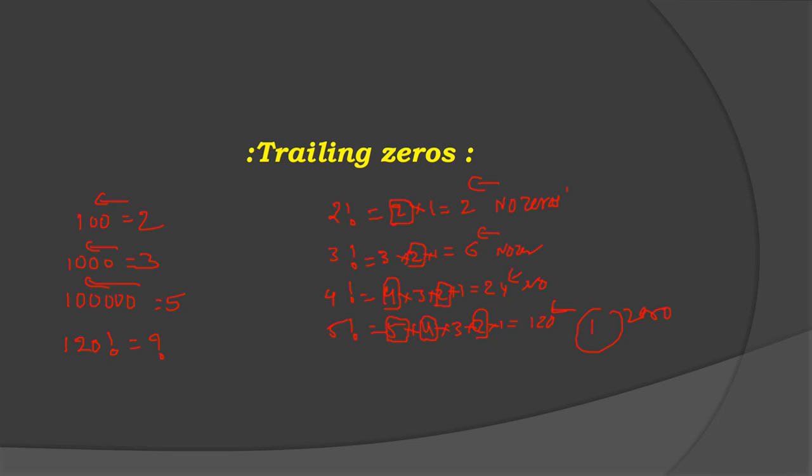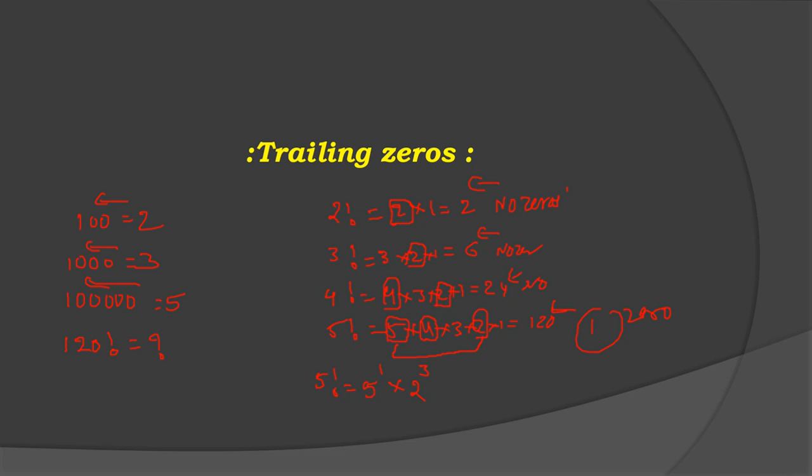Then how can we get 0? That is the question here. We multiply 5 into 2, we get 10. This is totally based on the concept of 5 into 2 combinations. So let's take 5 factorial. How many 5s are there? One 5 is there. How many 2s are there? 2 power 3.